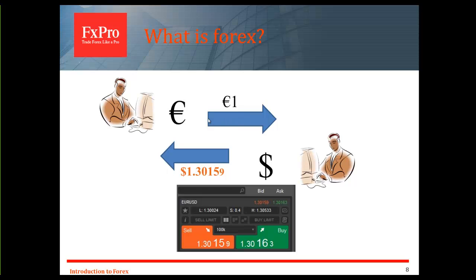So on the left hand side, our chap here is selling euros. So he's selling €1 to the chap on the right, and he's receiving in return an amount of dollars, which is 1.3015. The great thing about money is that it's nearly infinitely divisible, so you can divide it up very easily.